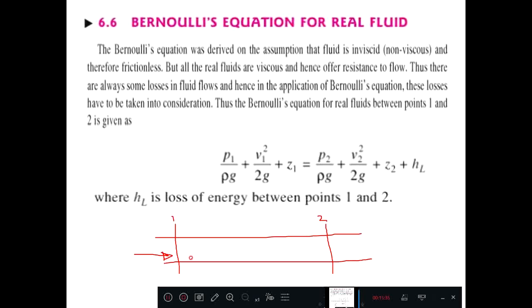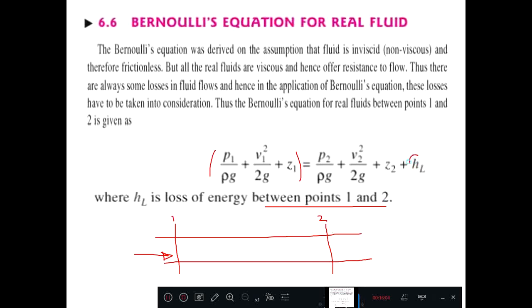Because of the losses, the fluid will not have the same energy, so we need to take that loss into account. Energy at section 1: P1 by rho g plus V1 square by 2g plus Z1 is equal to P2 by rho g plus V2 square by 2g plus Z2, plus HL, where HL is the loss of energy between points 1 and 2.